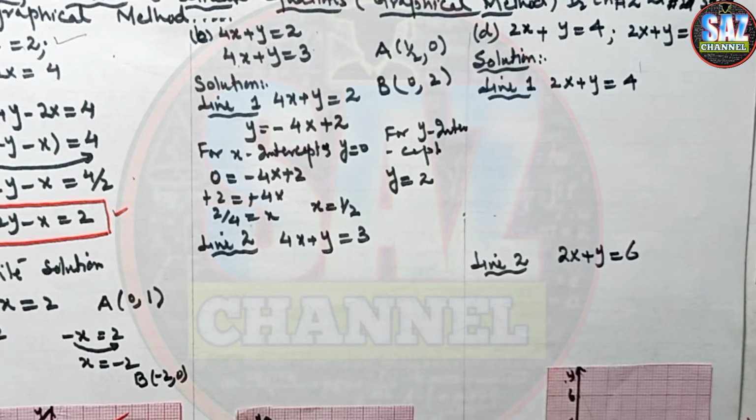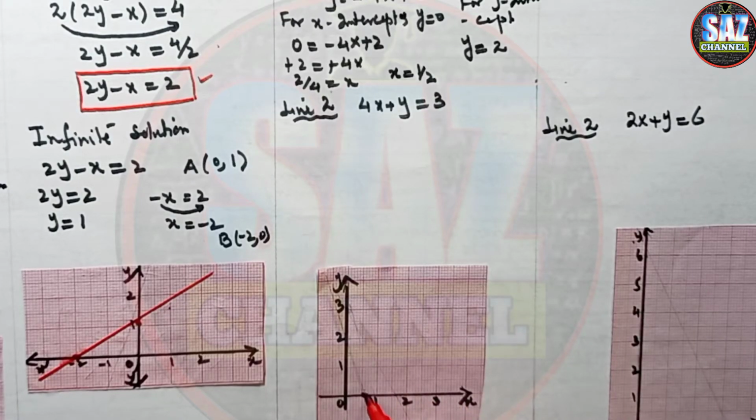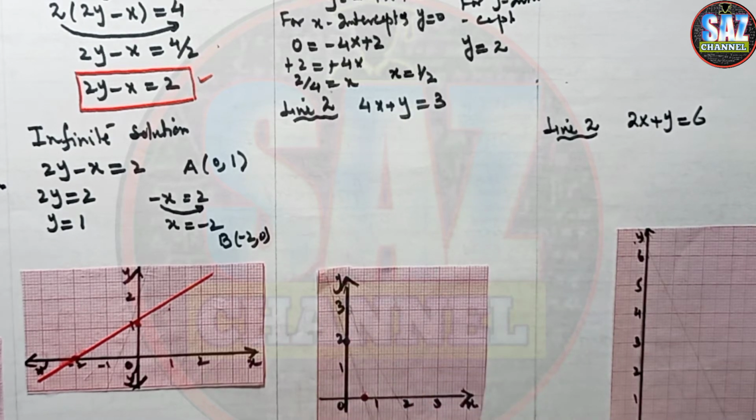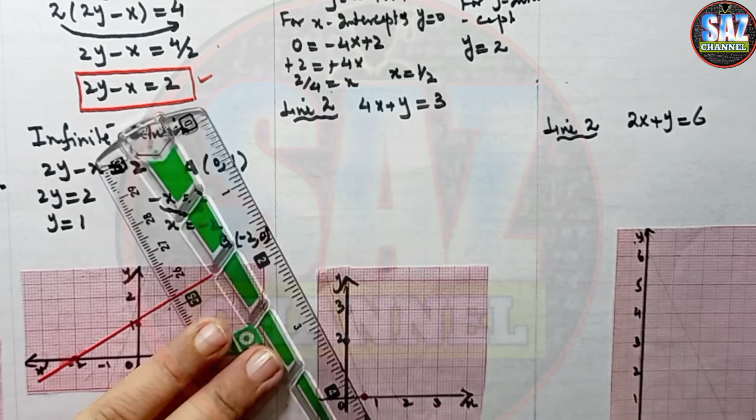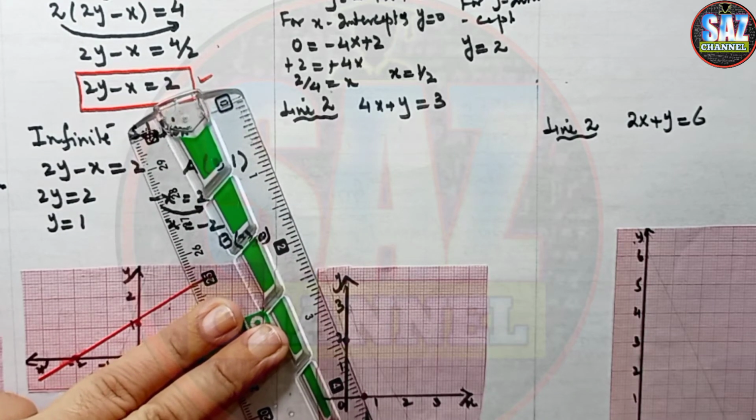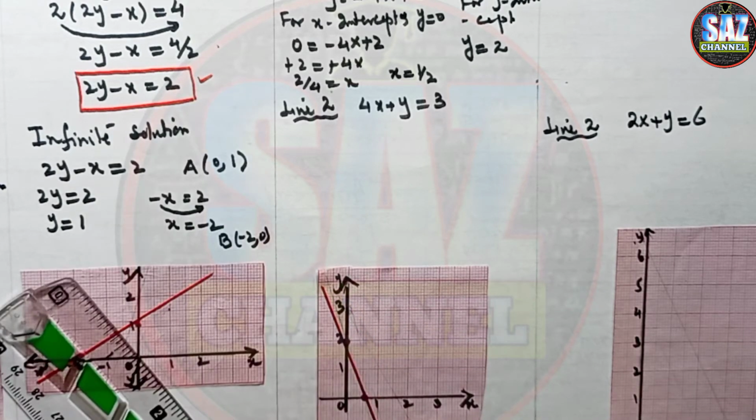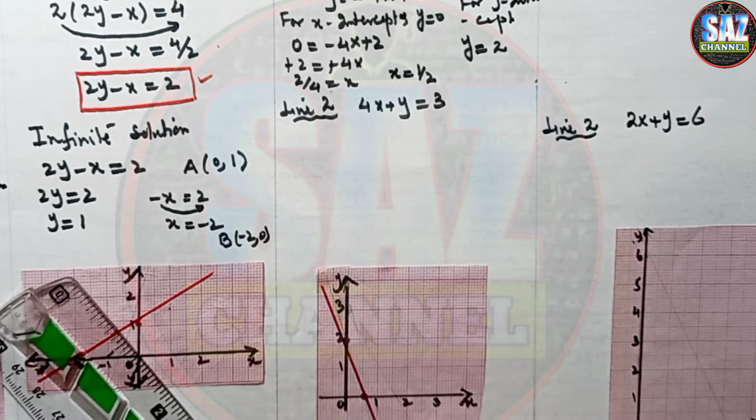Let's mark the points on the graph paper: x value is 0.5, it will be coming over here, and y value is 2. Let me draw the line that will pass through these 2 points, and this is the line for 4x plus y equals 2.